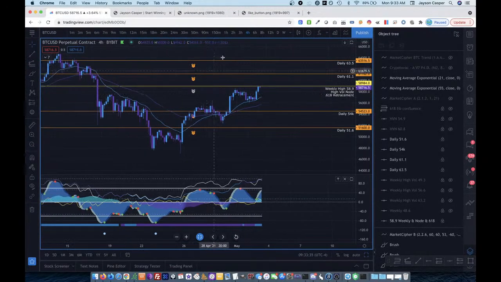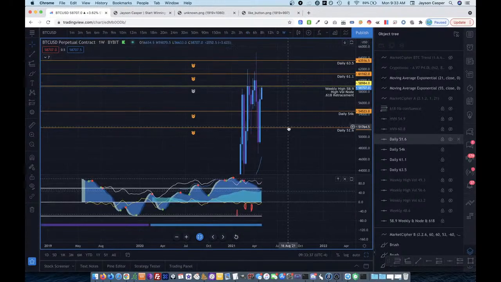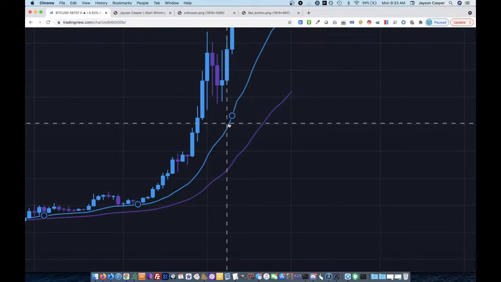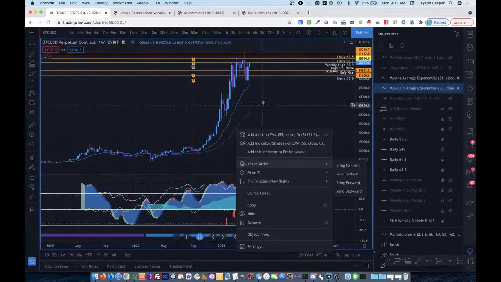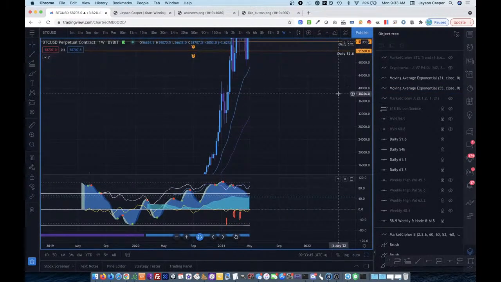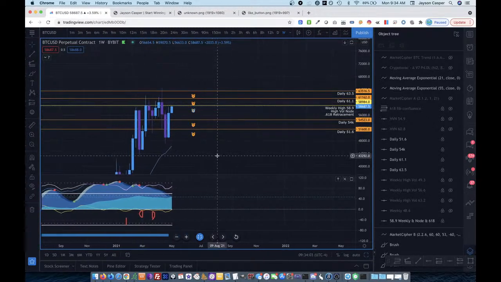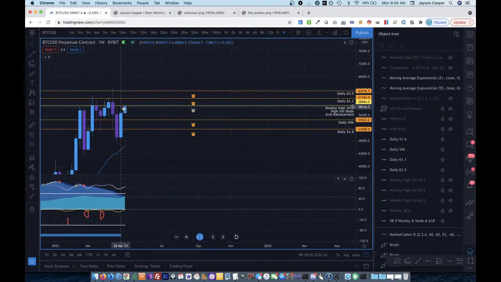Not only is it a weekly resistance, if we go to the weekly time frame and take a look at these candles here, we can see that this level has been respected in the past. These 2 weekly candles open and closed here, and then 2 weeks later it was respected as a resistance, and we were unable to break through that. And so now, it's no surprise that the price is retracing back to here.